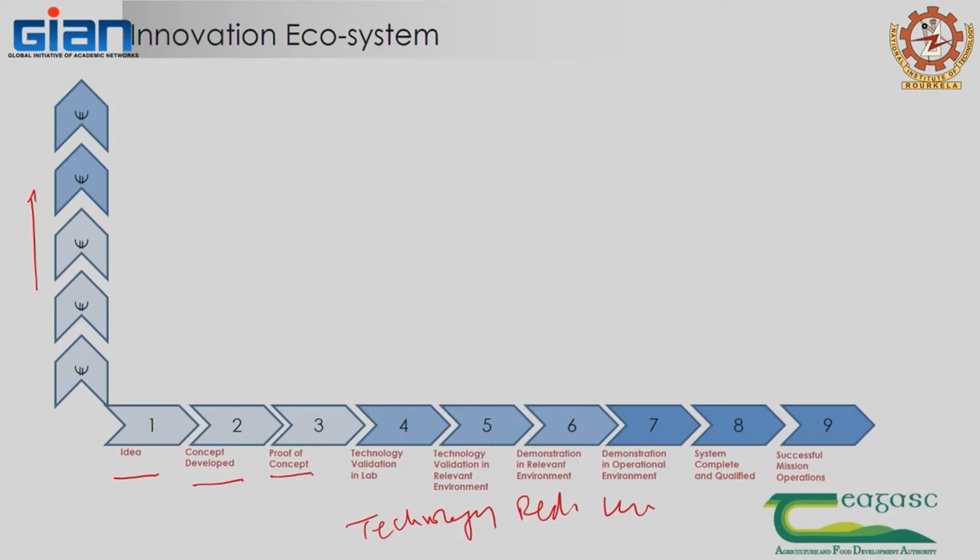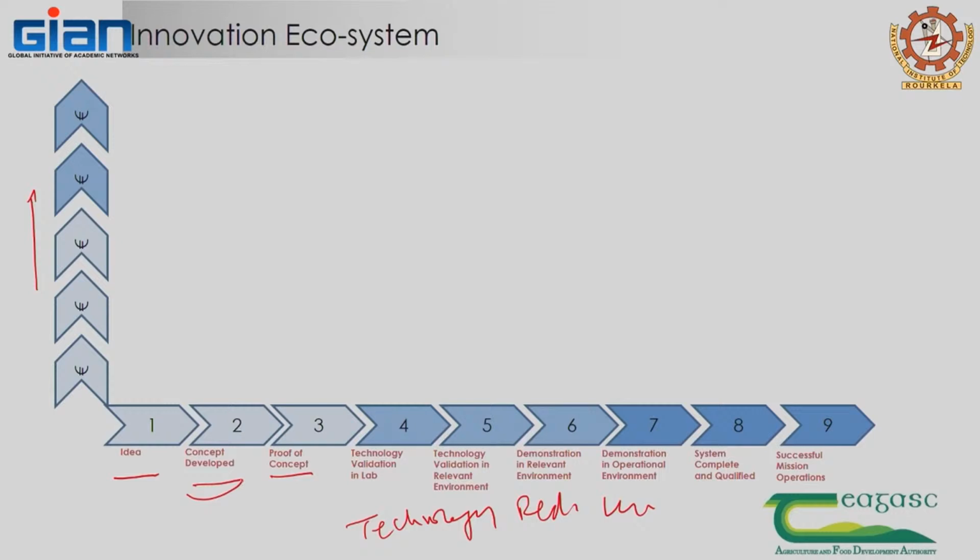I'll take your example of osmotic dehydration. It is known that osmotic dehydration draws out the water. You use osmotic dehydration for your cheese or paneer. So you developed a concept, and then you try to prove that it is better, and then you validate it. Then you validate in a relevant environment, that is at commercial setting, because what works in a lab may not work outside.